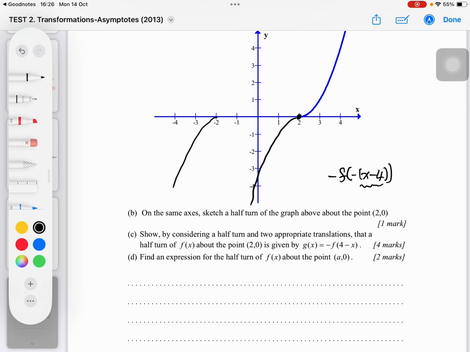So now we found the pattern. So h of x, not g of x because we already used that, is f with the twice reflection, but it needs to come twice the center to the right. So minus 2a, like this. Maybe negative f of 2a minus x may be the half turn about the point a comma 0.